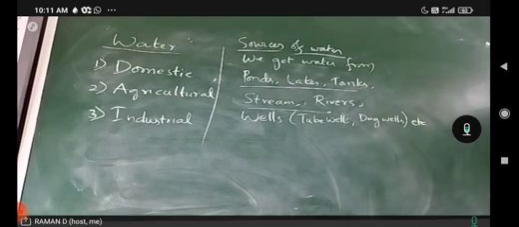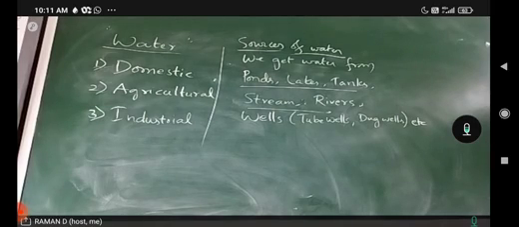So this water is saline water. Can we drink saline water? Sea water or saline water? It cannot be used for drinking purposes, domestic purposes, agricultural purposes, or industrial purposes. Why? Because the salt concentration that is present in the sea water is very high, so it cannot be used for all these purposes.